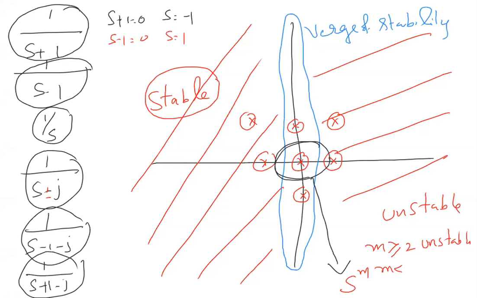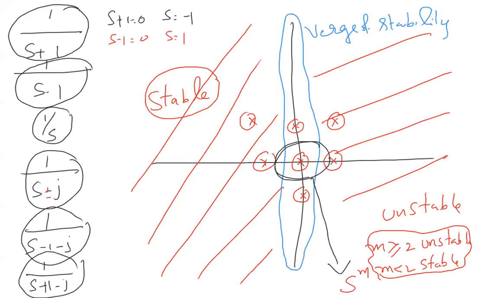M less than 2, that means 1, is stable. So 1 by s, I am considering as stable because if the input is 1 by s it is unstable, but for an input of 1 it is stable. So I am taking the input as 1 and considering it as a stable function.